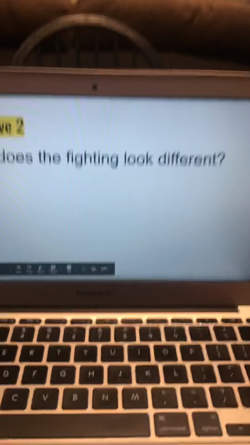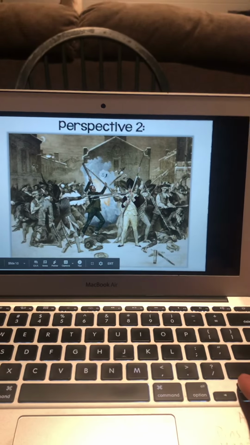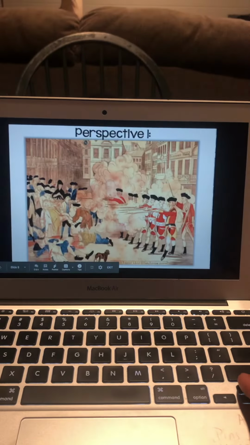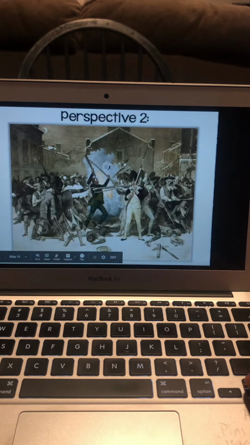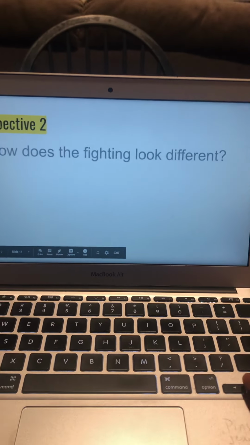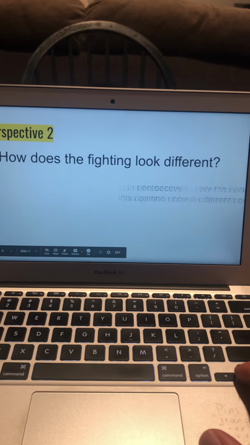So, how does the fighting look different? How does this look different than perspective 1? It looks like, to me, the colonists were starting it.